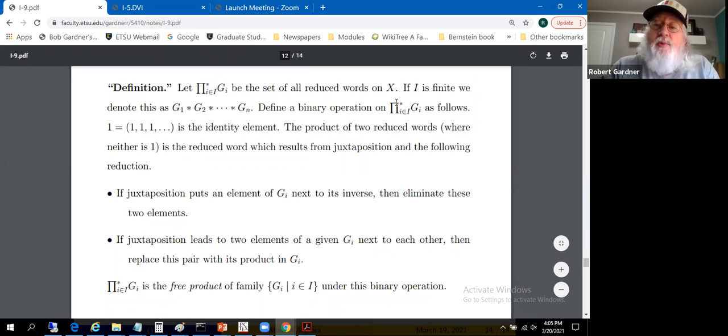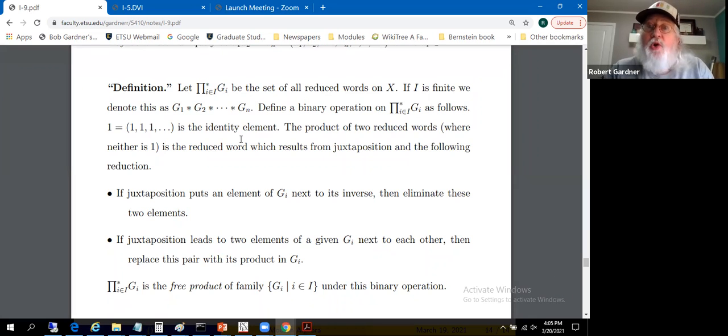Define a binary operation on the free product as follows. 1 is the identity, so anything times that reduced word yields whatever we multiplied it. W times 1 equals 1 times W equals W for all reduced words, right? So make that the identity.